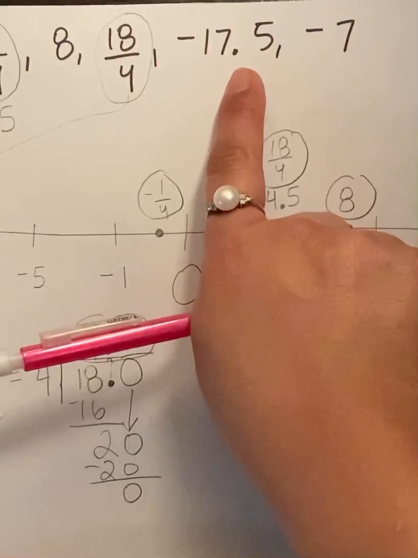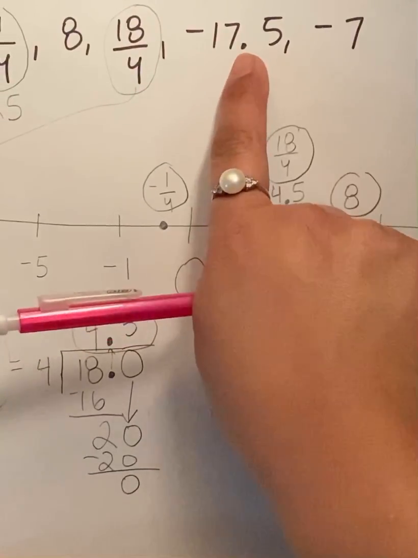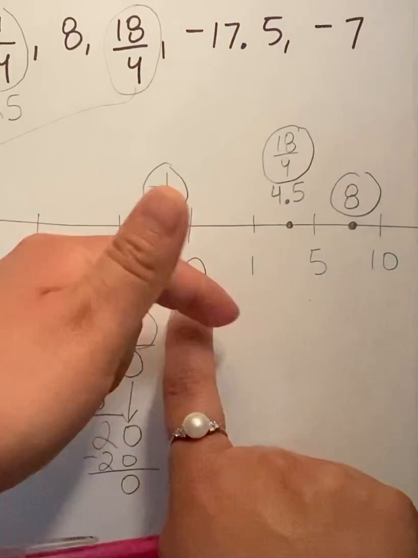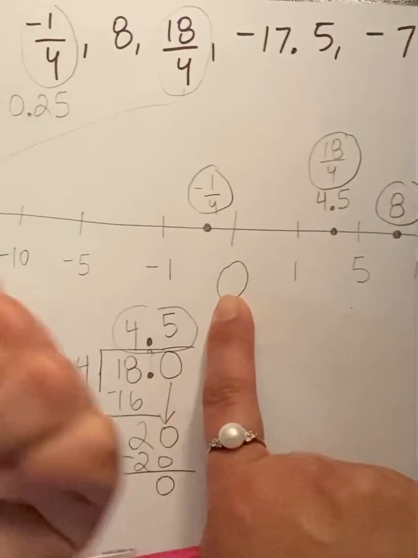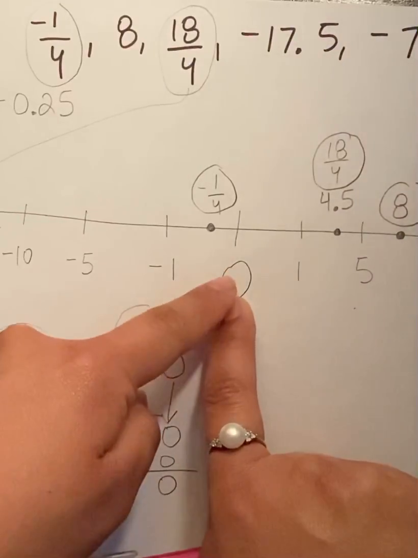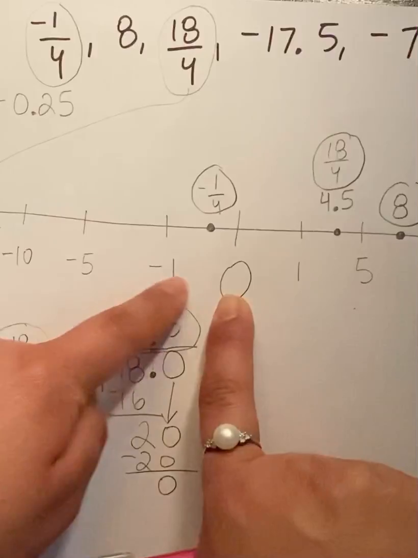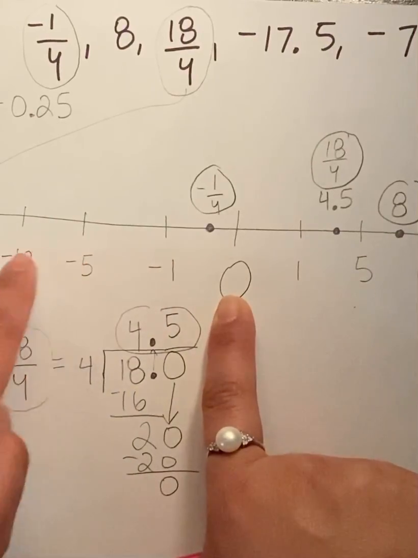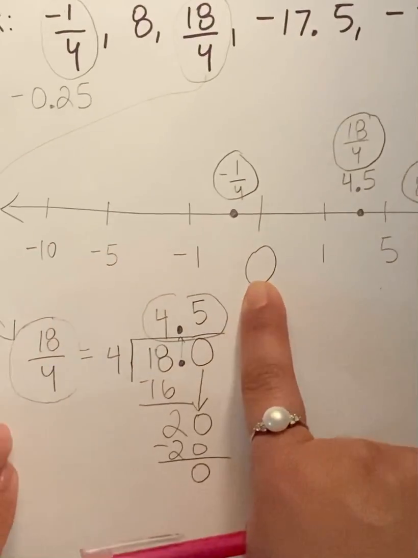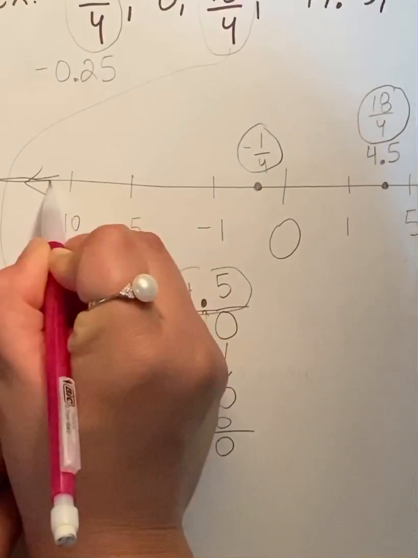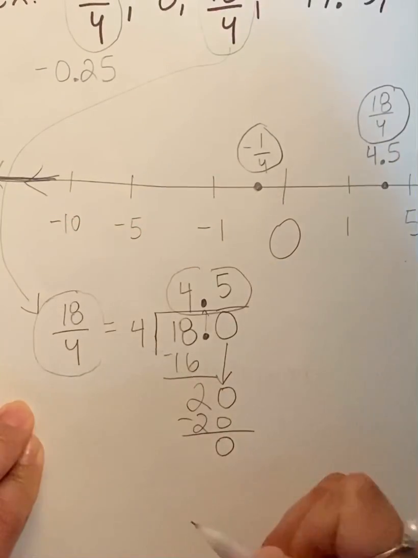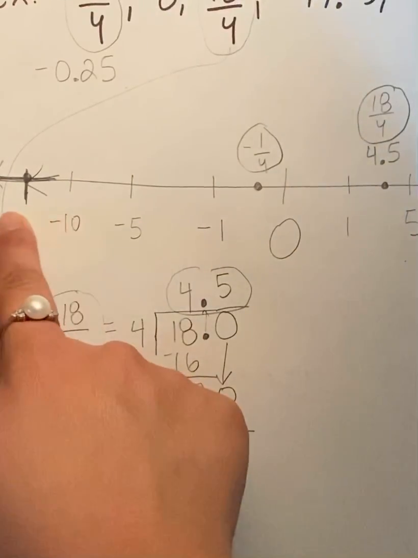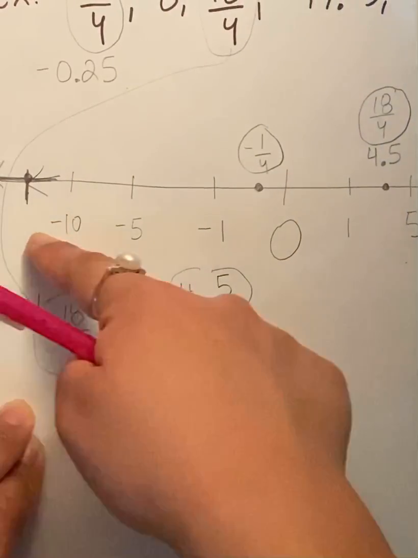My next number is -17 decimal 5. Because it's a negative, when I start at 0, I'll be going in the left direction. -17.5 I know is further to the left than -1, further to the left than -5, further to the left than -7. So that means that I might have to extend my arrow here just a little bit more. And I know that -17.5 would be past -10 to the left.